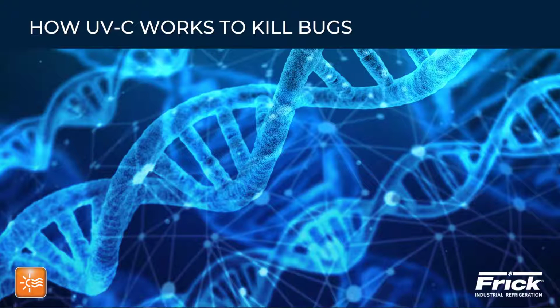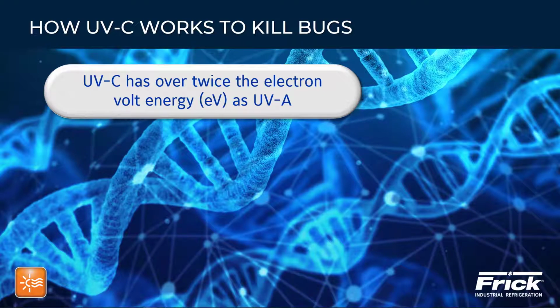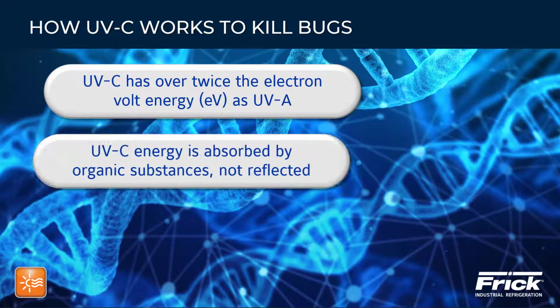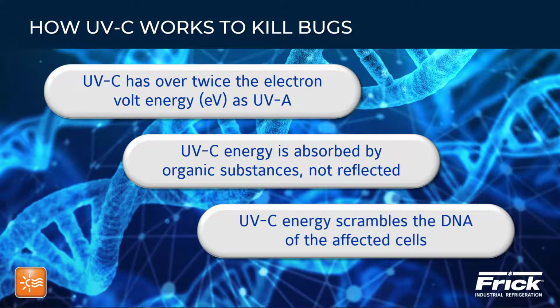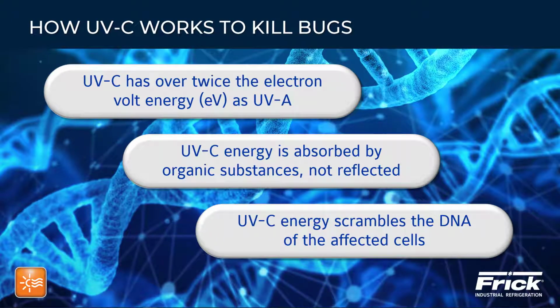However, unlike the UVA and UVB wavelengths, the UVC band has more than twice the electron volt energy as UVA. And it is well absorbed, not reflected, by organic substances, adding to its destructiveness. This power allows UVC to break through an organism on a cellular level, effectively scrambling its DNA.